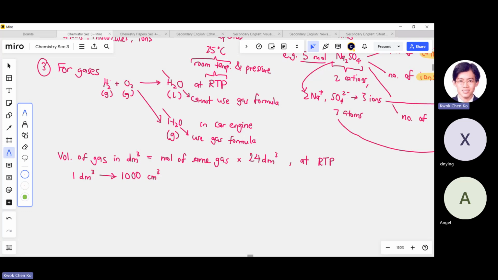Now, occasionally, the question may even give you volume in meter cube. Occasionally. Now, this is 1000 dm cube, which means 1 meter cube is 1 million cm cube.